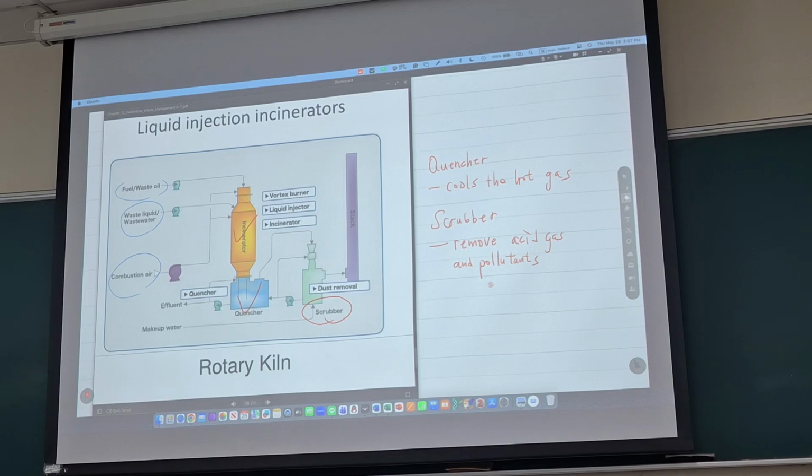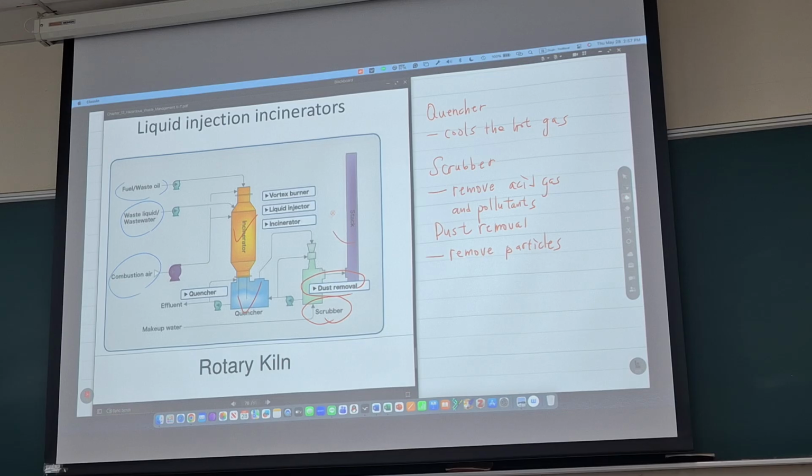So after the scrubber, it will go to the dust remover. Dust removal tries to remove particles after burning.